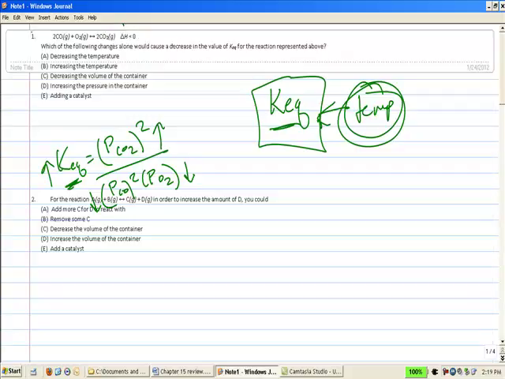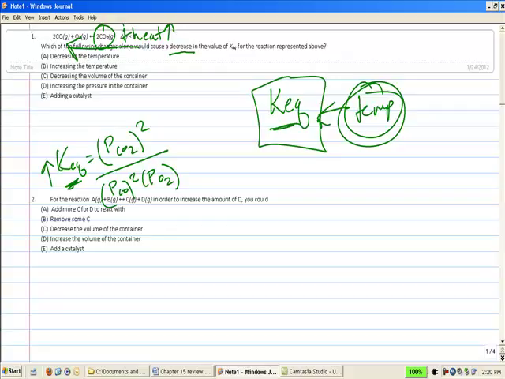Okay, here they're saying they want a decrease in the value of KEQ. So we basically need to do the opposite. So if we increase the temperature, again, let's look at what that would be. Still exothermic, so we've still got heat. In this case, if we increase the temperature, it means we're adding more heat, so the temperature's going up. If we add more heat, it's going to want to use up the added product that we've made, causing the reaction to proceed back to the left.